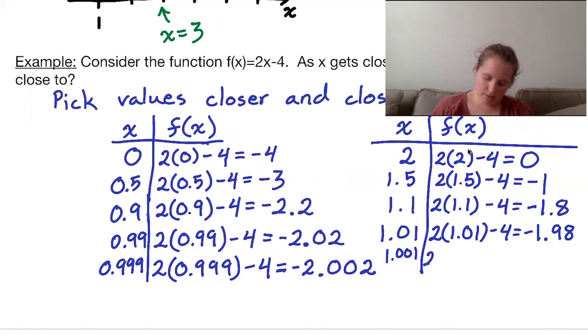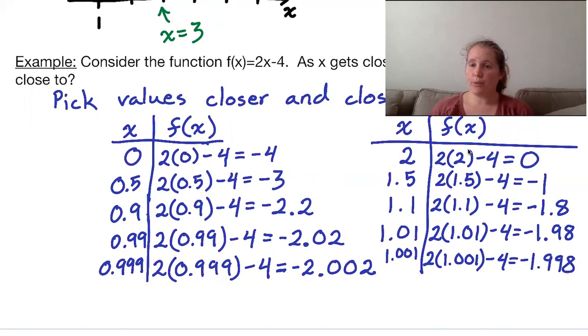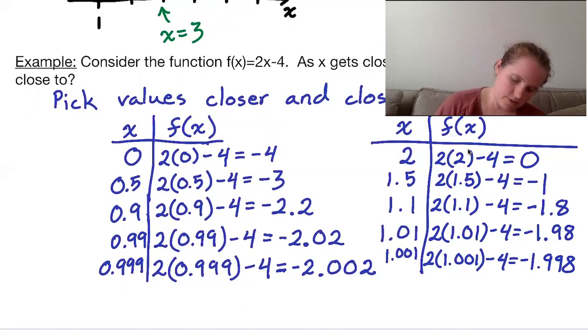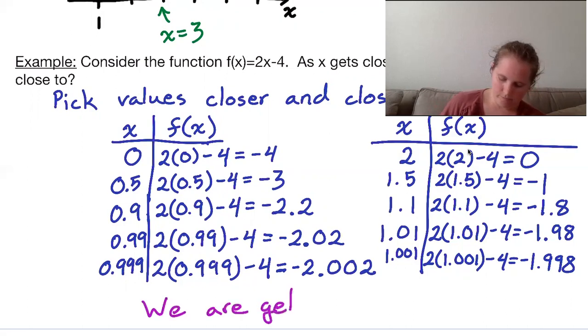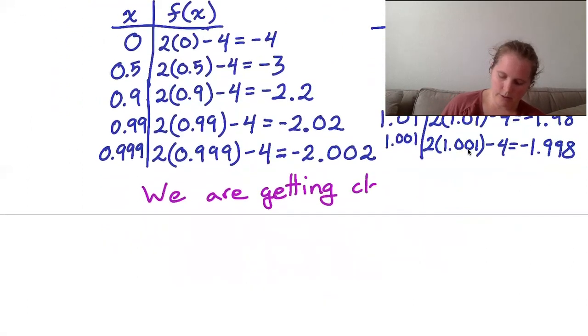And then 2 times 1.001 minus 4, we are looking at negative 1.998. So from both sides, just looking at what's happening with the numbers as we get close, it does appear that we are getting close to negative 2 for our y value.